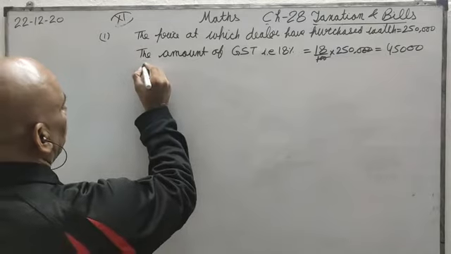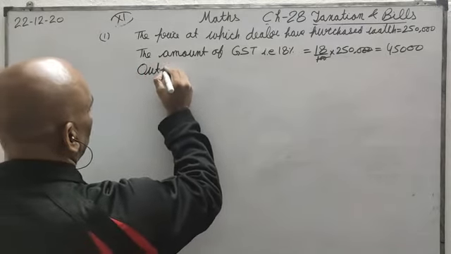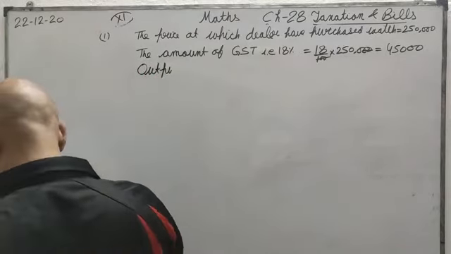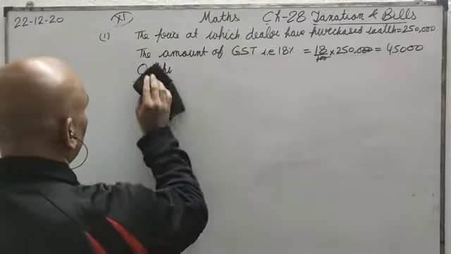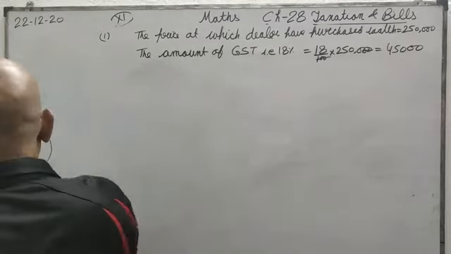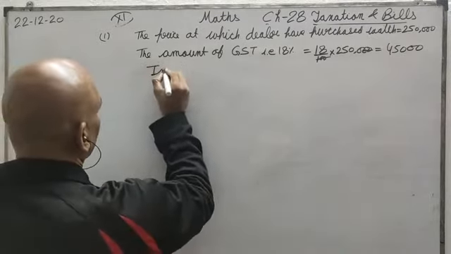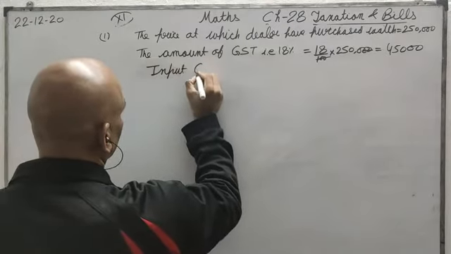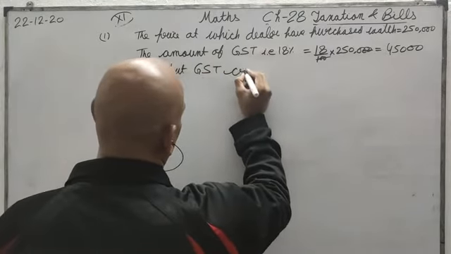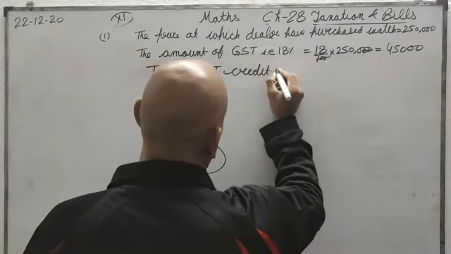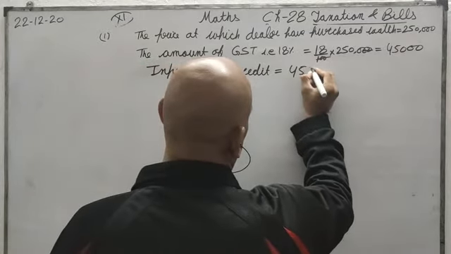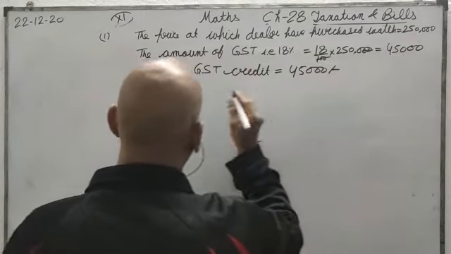So, or you can say, input GST credit. Input GST credit is 45,000 rupees.